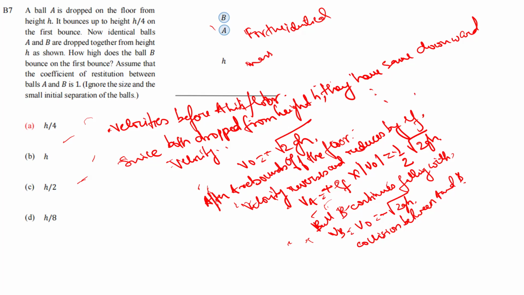We can write VA prime equal to VB and VB prime equal to VA.